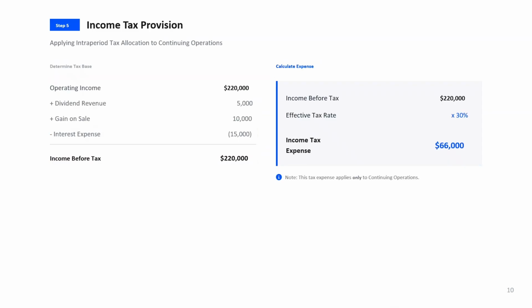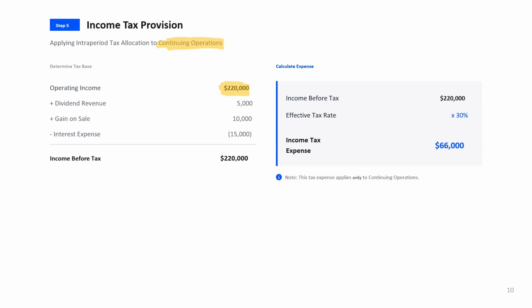Okay, now we are in the final steps for the continuing operations, which is calculating the income tax provision. We use the income before tax figure we just determined. You can see it here. We then apply our effective tax rate to this base to calculate the tax expense.